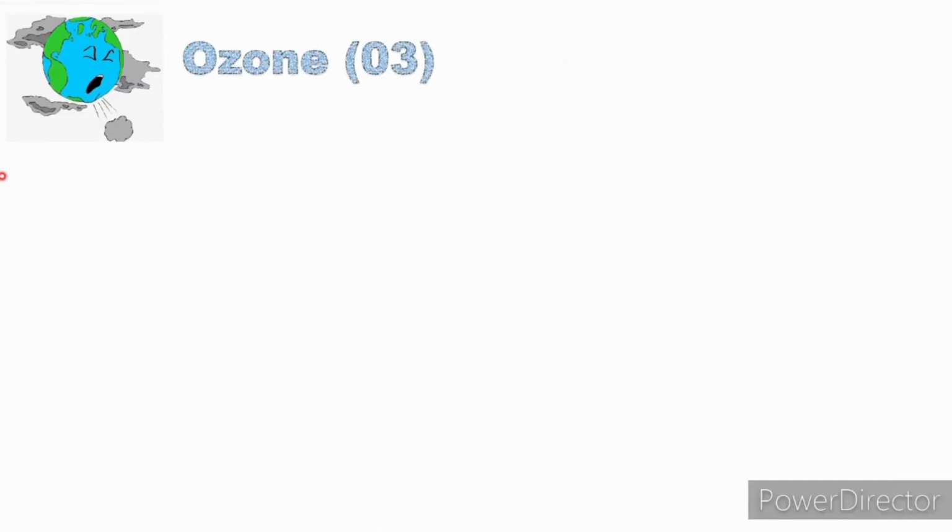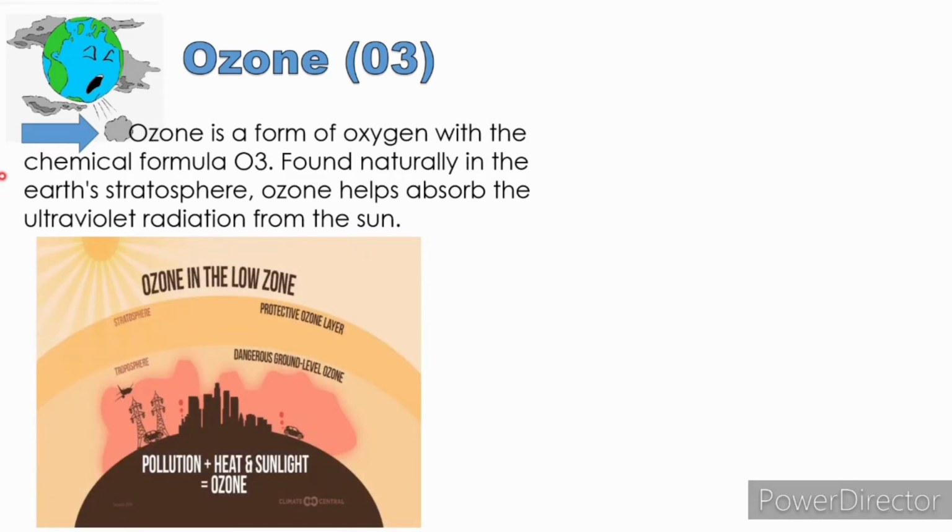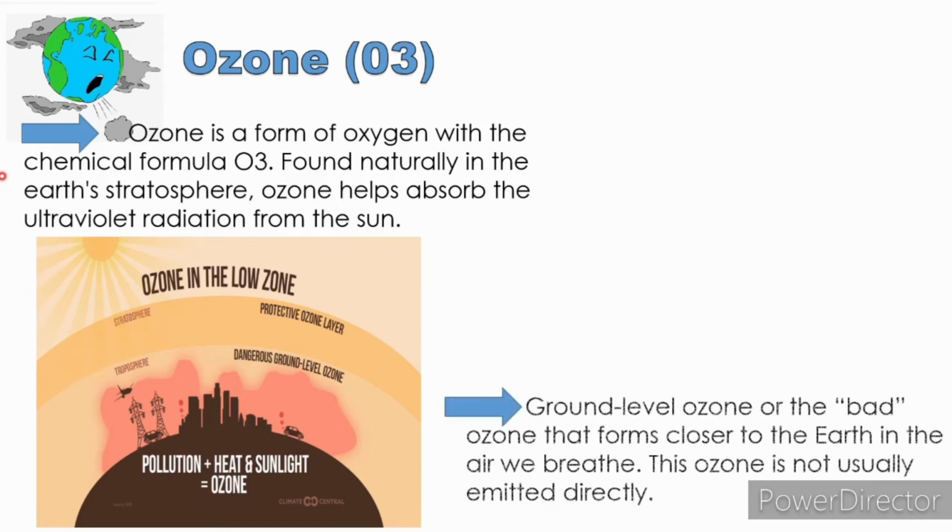The next one is ozone, with the chemical formula O3. It is naturally found in the Earth's stratosphere. It helps absorb the ultraviolet radiation from the sun. Ground level ozone, or the bad ozone, forms closer to the Earth in the air we breathe.